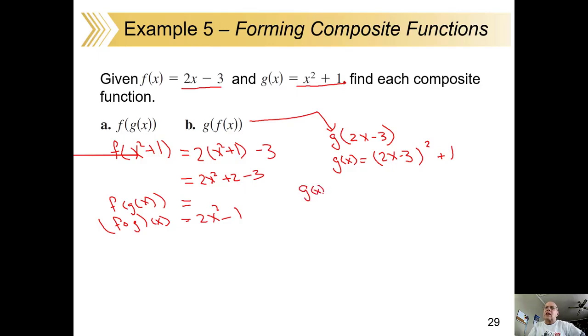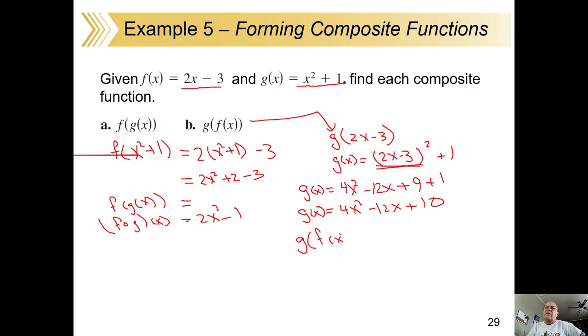First of all, use FOIL on this. We get 4x squared minus 12x plus 9. That's this squared and expanded. And we got a 1 out there. So g of x at the end has 4x squared minus 12x plus 10.